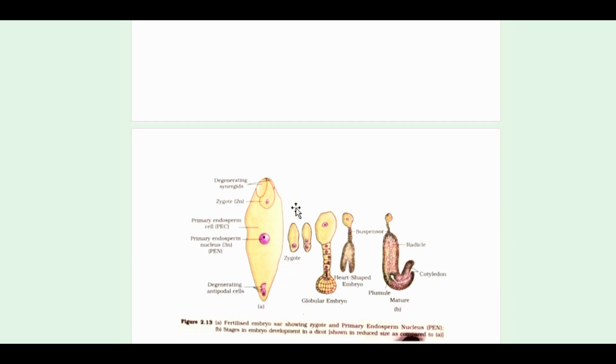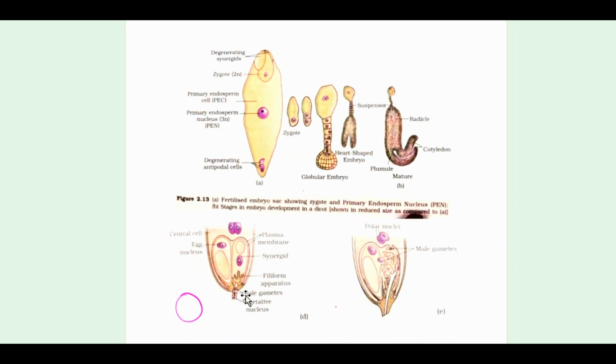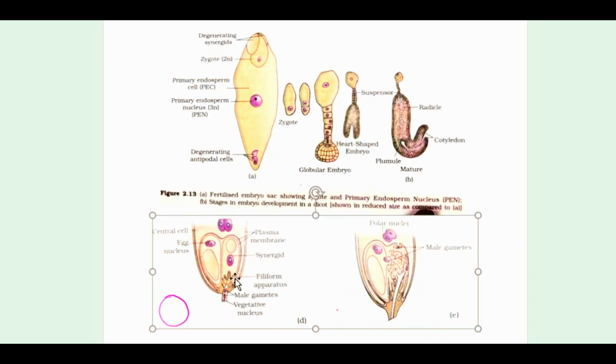This filiform apparatus is just giving a passage for the entry of the pollen tube inside, nothing else. This structure is termed the synergid, as you can see over here, these two long cells. This diagram is during the fertilization, okay?